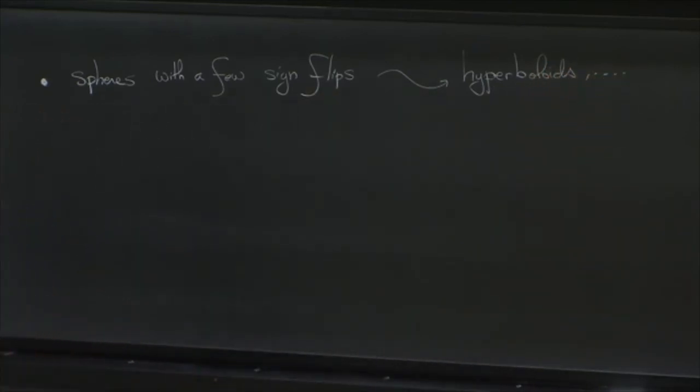A sphere has all signs plus. If I put some signs minus, then I get some hyperboloids or some parabolas. I start getting other non-compact shapes, but also very symmetric ones. We'll come back to this in a few seconds.